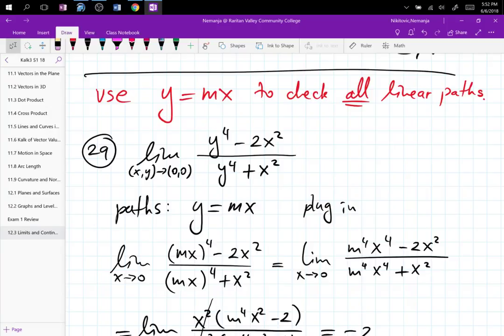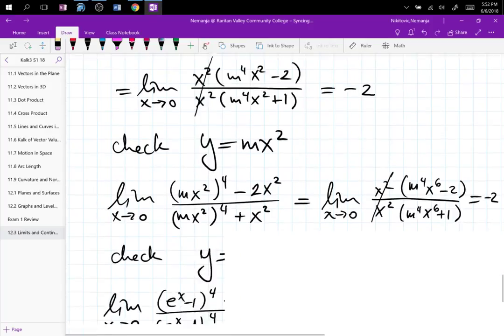Square root of x is going to be x squared. That should work, right? x squared minus 2x squared, and then x squared plus... Yeah, that can... Square root of x. Good.